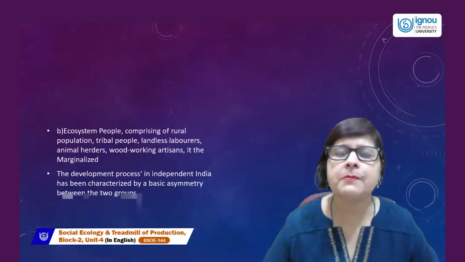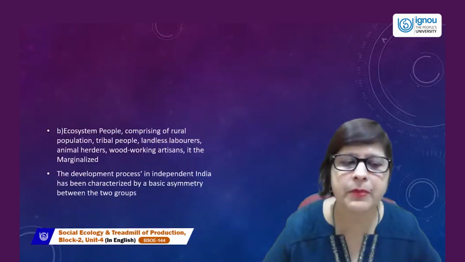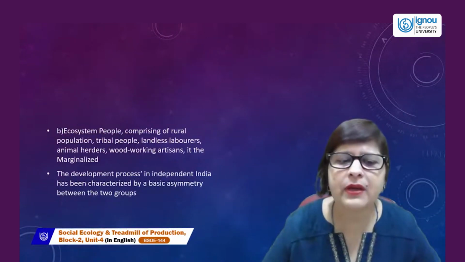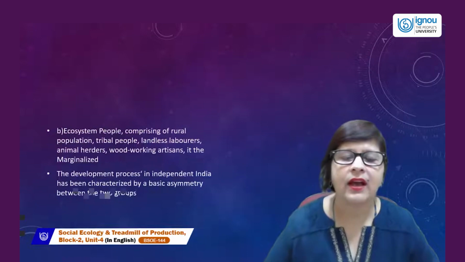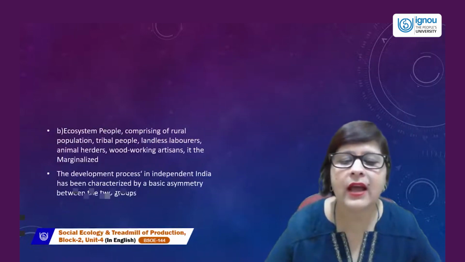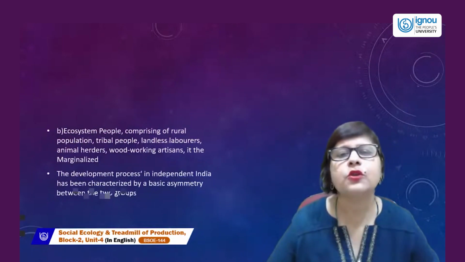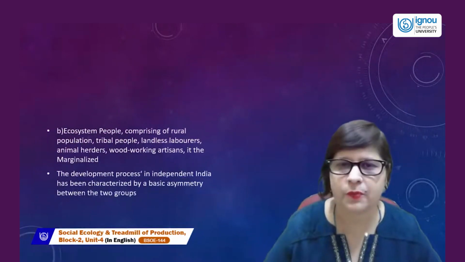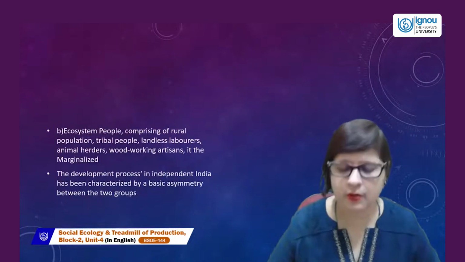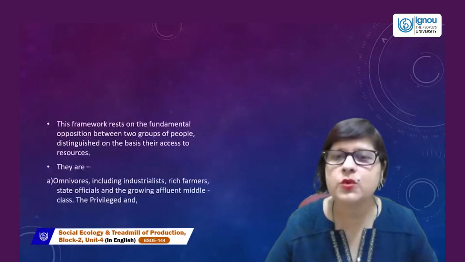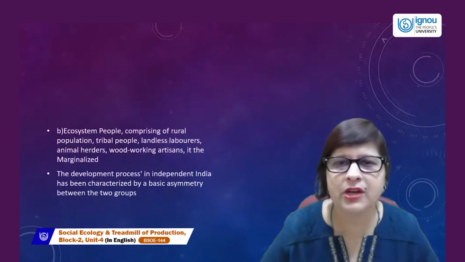And the ecosystem people comprise the rural people, tribal people, landless laborers, animal herders, and woodwork artisans, etc. And this group is known as the marginalized group. The first group is known as the privileged one, and the second group is known as the marginalized group.